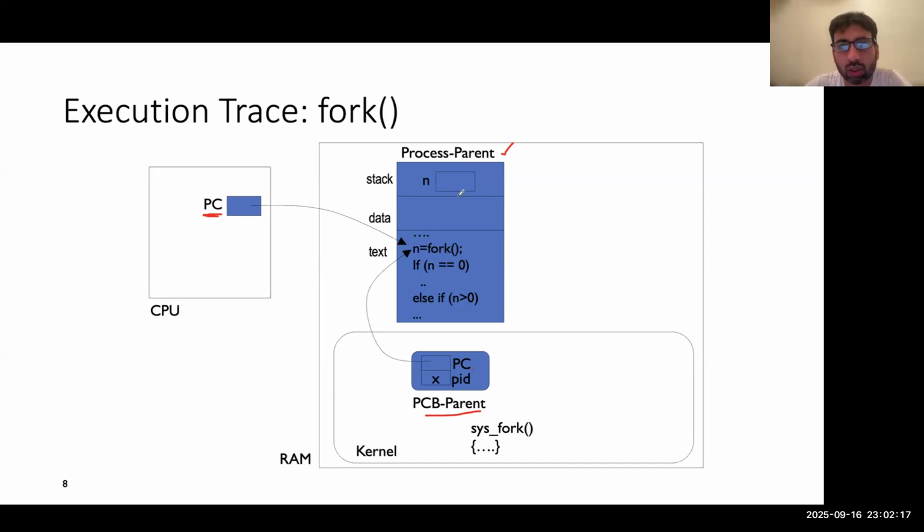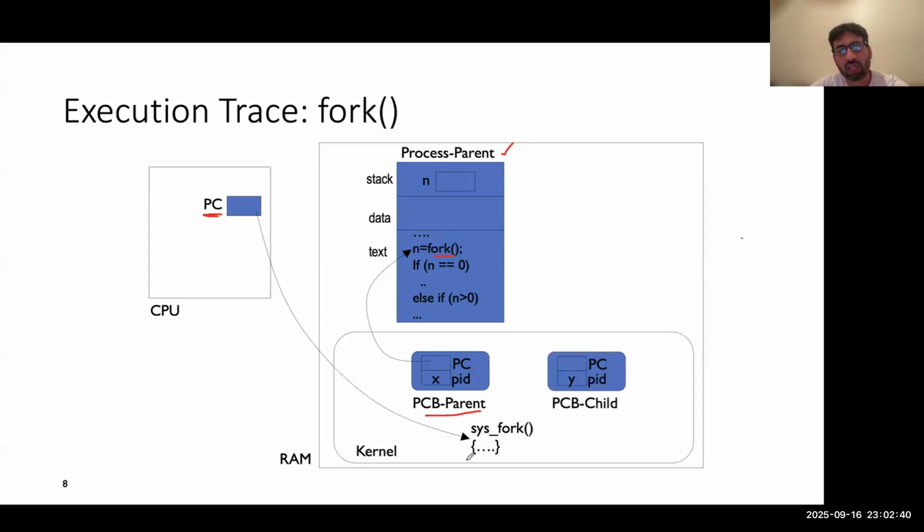Now let's see how things progress as we execute the parent process. When fork is executed, as a result of invoking this API, the system call for fork is executed in the kernel space.